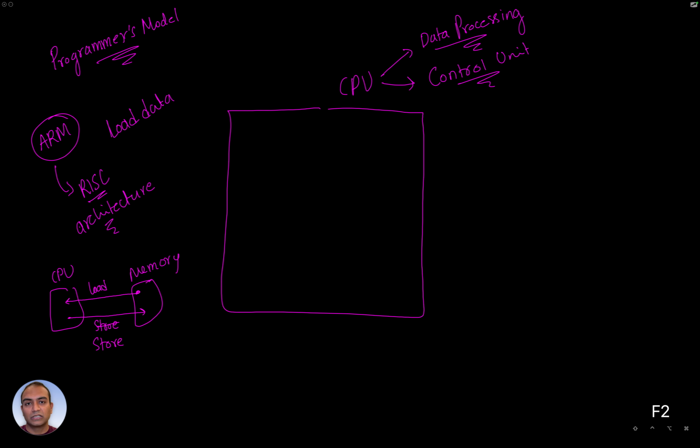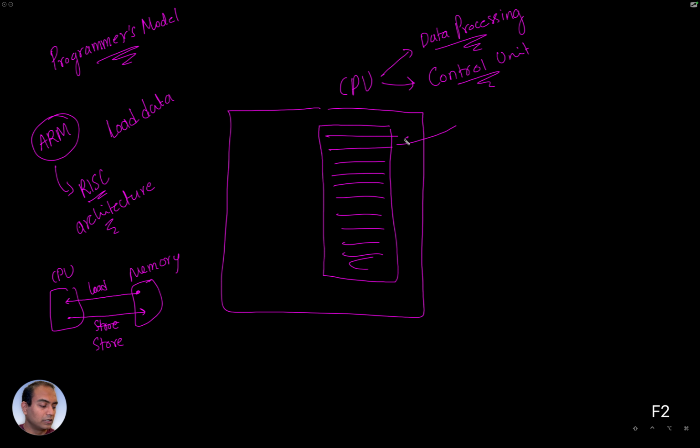That we have to remember as we go forward in this series, that we are talking about a CPU that's based on RISC architecture, and RISC architecture essentially means load and store. Load the data into the CPU, process it, and send it back. Now, that said, the question is, where is the data loaded? And the answer to that is that internal to the CPU, there are something called registers, right? So these are called the GPR, or general purpose registers, right?